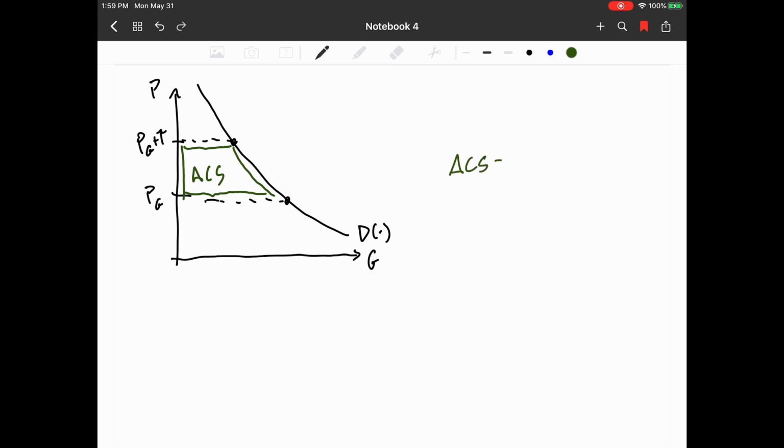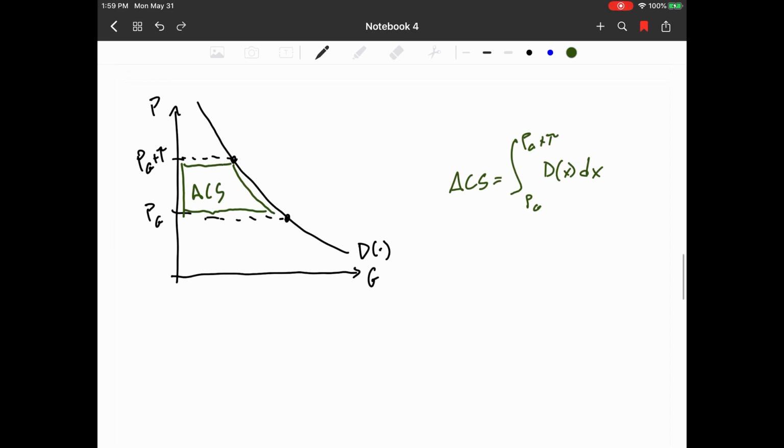The change in consumer surplus is just, again, an integral from PG to PG plus tau. But here we're just integrating over D. Okay. And just to note here, if we were to draw the Hicksian on this same graph, it might look like this.